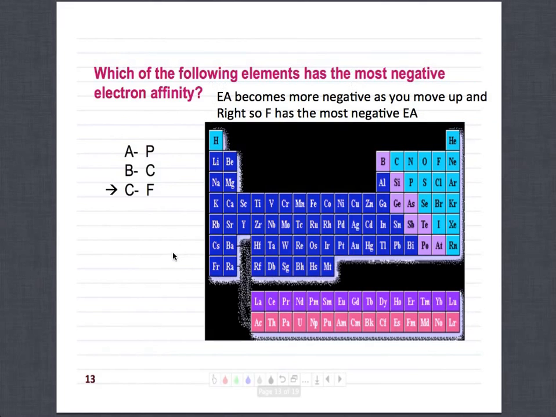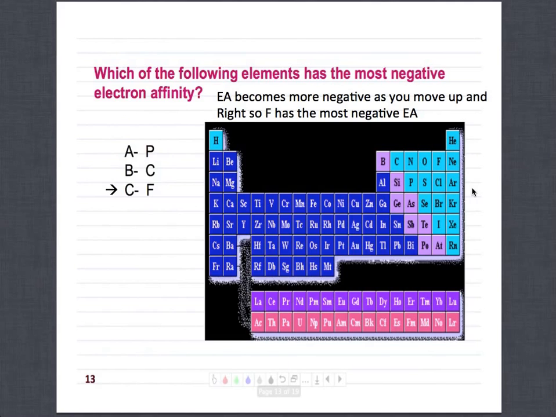So we know that the trend of electron affinity is the same as ionization energy. It increases this way and this way. Therefore, phosphorus has less electron affinity than carbon. Carbon has less electron affinity than fluorine. So fluorine is the one with the highest electron affinity. So C is the right answer for this one.